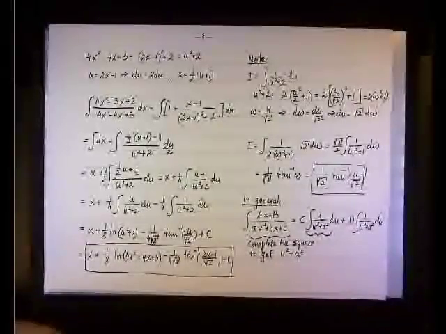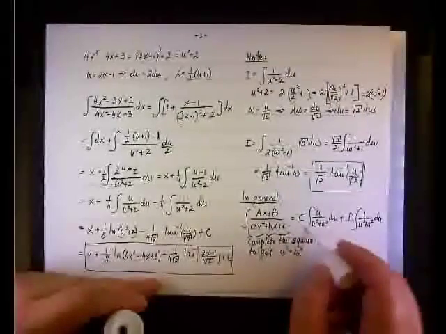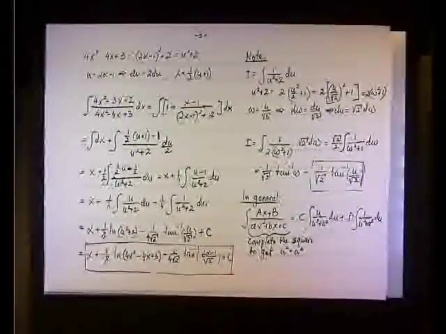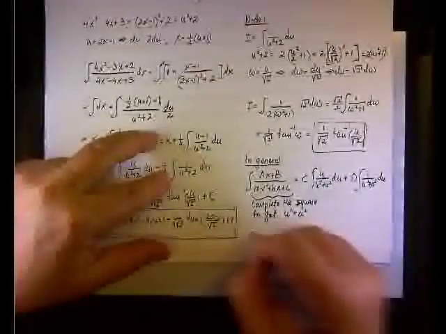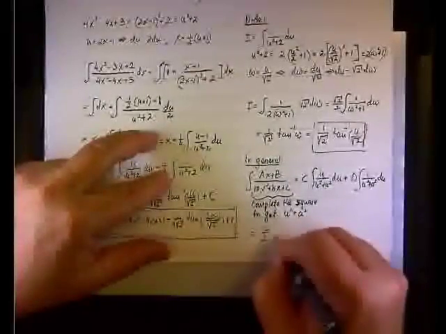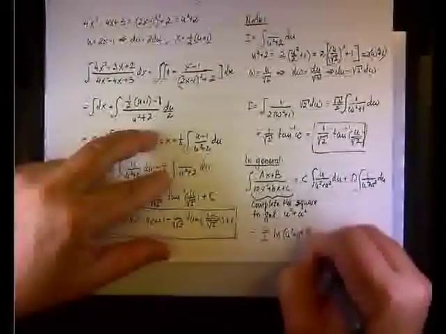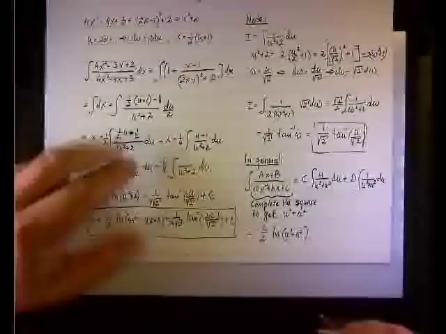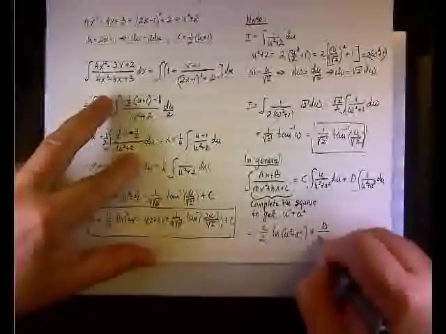And now the antiderivative of the result of the integration, okay, the first one will give you 1/2 the natural log of u squared plus a squared. So here's the general result. It will be c over 2, the natural log of u squared plus a squared. And this will give you the inverse tangent, so it will be d over 2a.